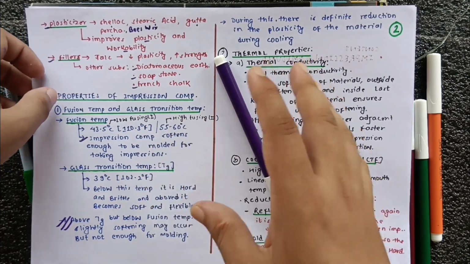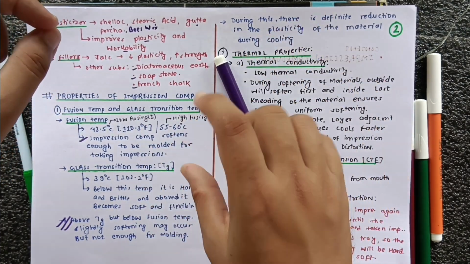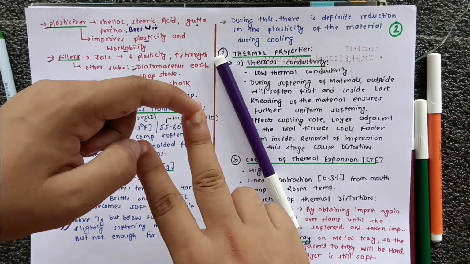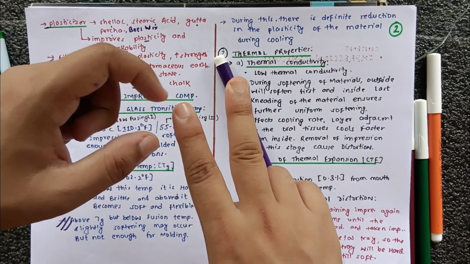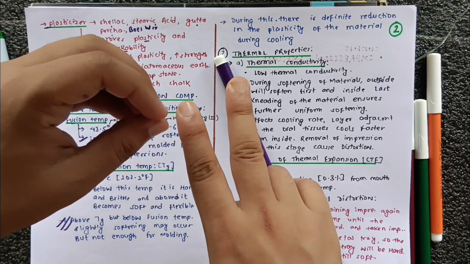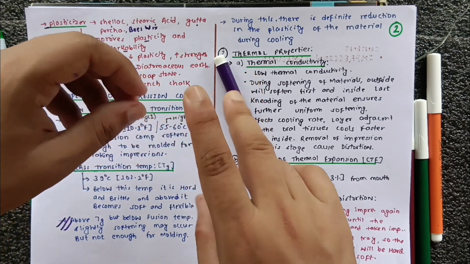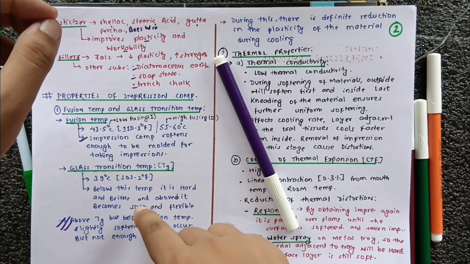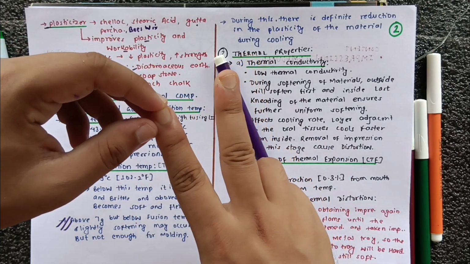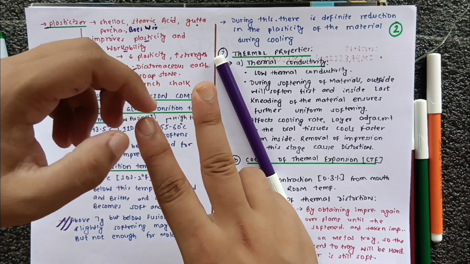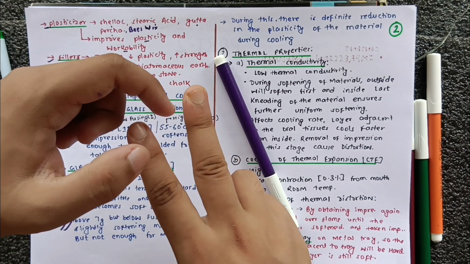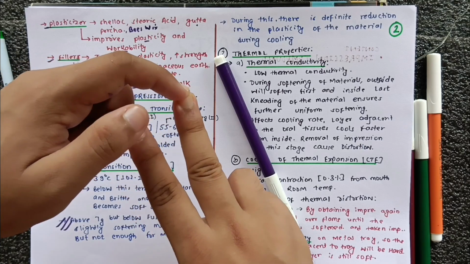So just take this concept. The glass transition temperature comes first, then the fusion temperature. At the glass transition temperature the impression compound becomes soft and flexible, whereas before it was brittle and hard. After the soft and flexible phase, if you increase the temperature, it reaches the fusion temperature.